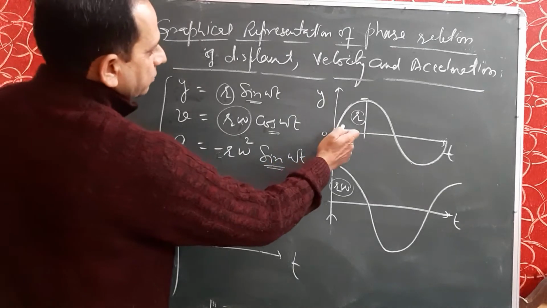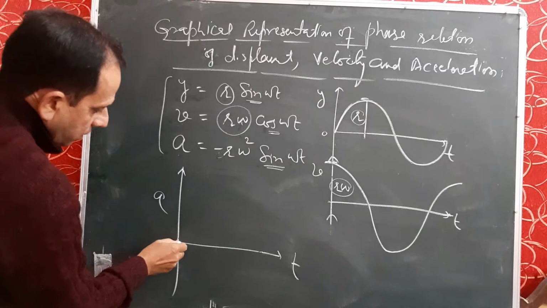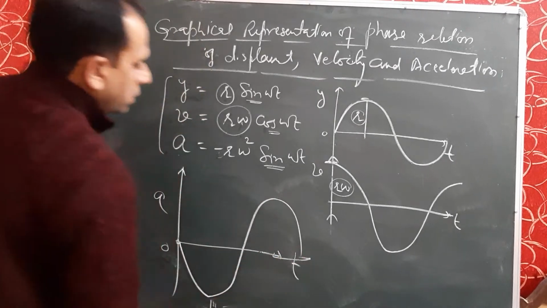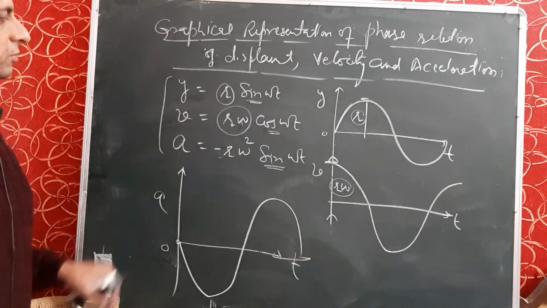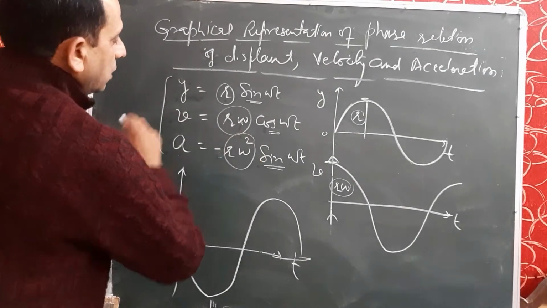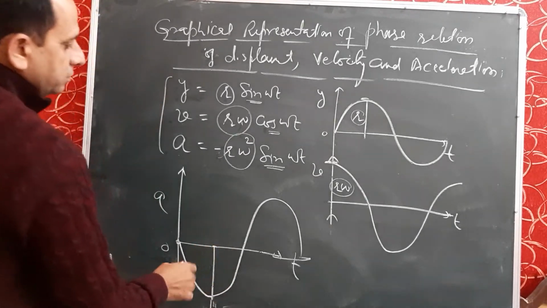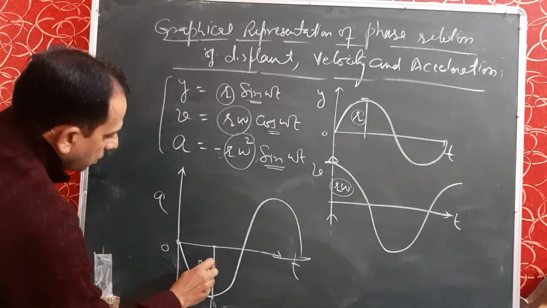In case of plus sine, the first half is positive, but in case of minus sine, the first half is negative. So, this is the minus sine wave, and this is the amplitude. Amplitude is the height or peak. So this peak is r omega square.